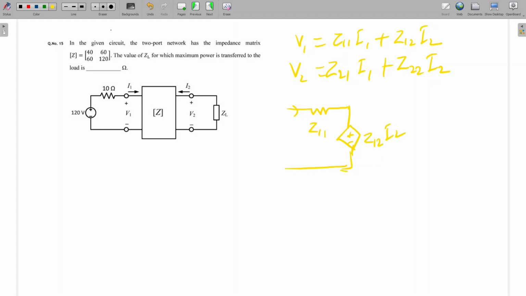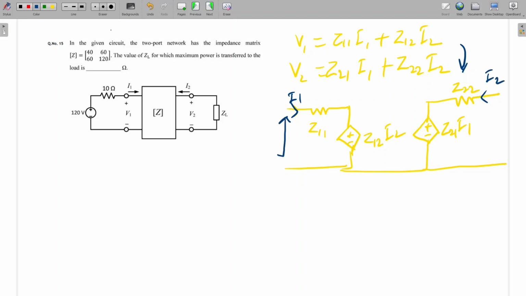This will be port 1, and what will be port 2? Here it will be plus, here it will be minus. So Z21 I1, and here it will be Z22. So this two-port equation we can write like this. Is it clear to all? Same equation I have written here, where I1 is entering here and I2 is entering here.